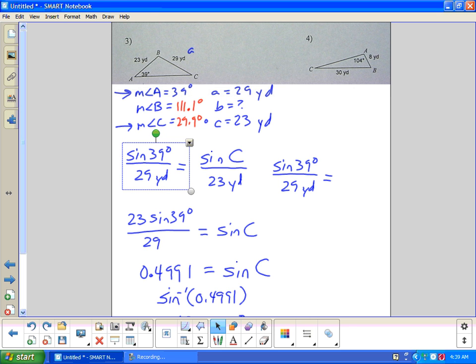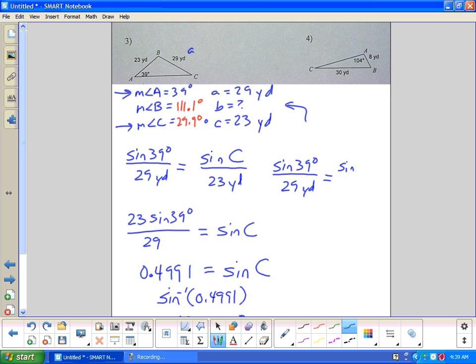This time, I'm going to use the middle one on the other side, which is sine of 111.1 degrees over little b. And again, we cross multiply and divide. b is going to be 29 sine 111.1 degrees over sine 39, and units will be yards. And again, when we do the math, problem 3, to the nearest tenth, you should get 43 yards.